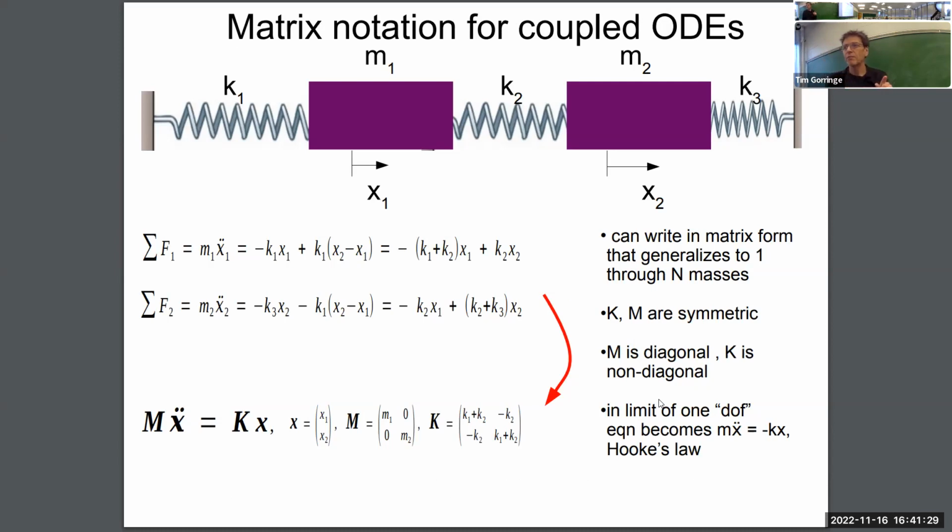There is a handy way of denoting these coupled differential equations, that is especially handy if you have other cases. You could imagine having not 2 masses and 3 springs, but 3 masses and 4 springs, or 4 masses and 5 springs, and so on and so forth.